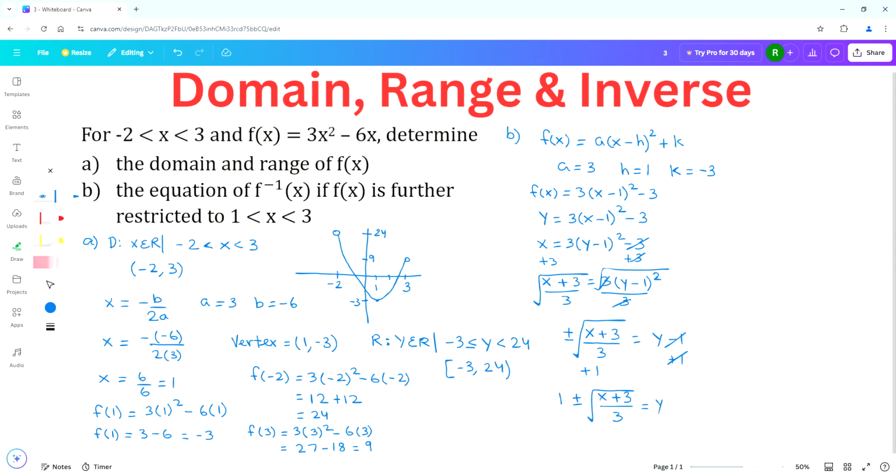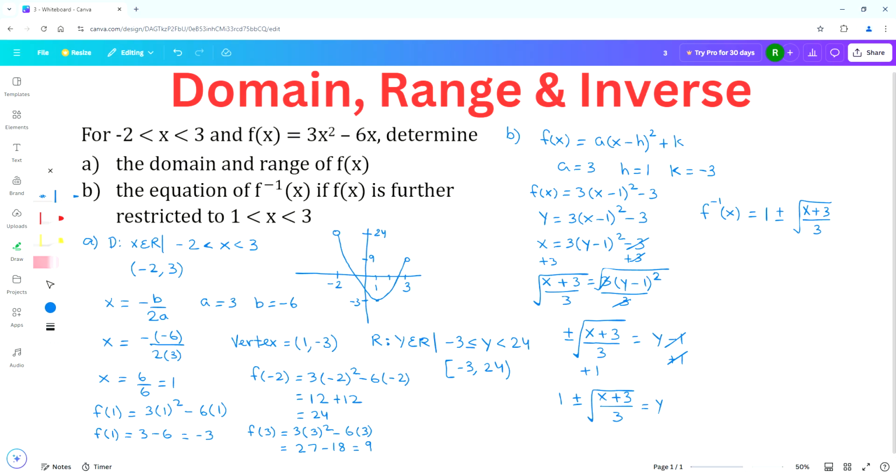We can use the function notation for inverse. We have to find the equation of the inverse if the domain for f(x) is restricted from 1 to 3.